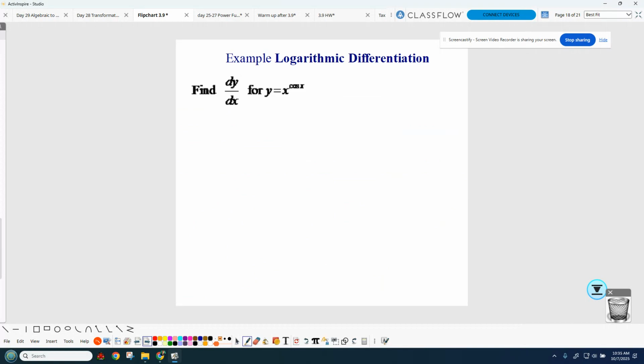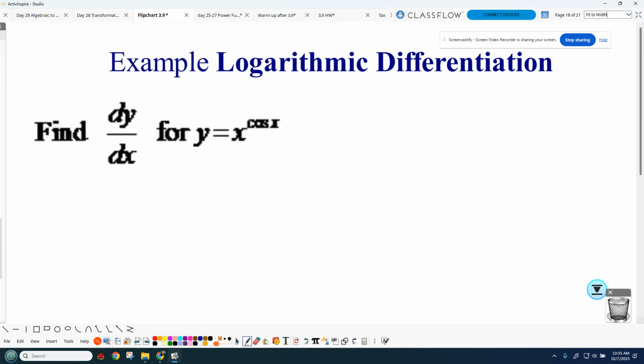So when we have things where both of them are moving, there is this technique that we will use because it does good things for us. We're going to do natural log to both sides.